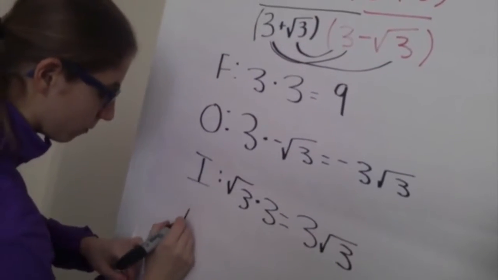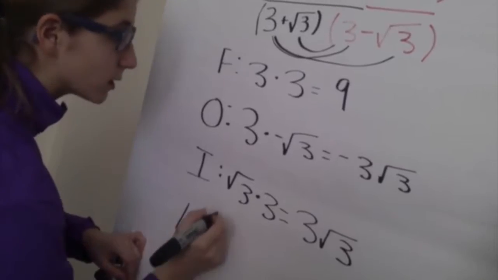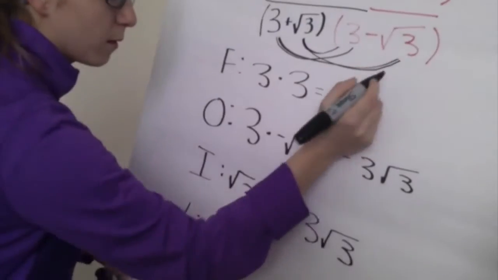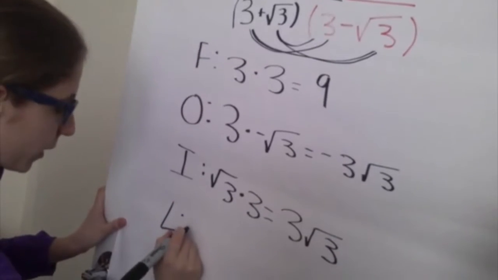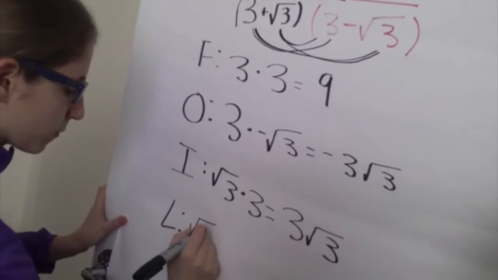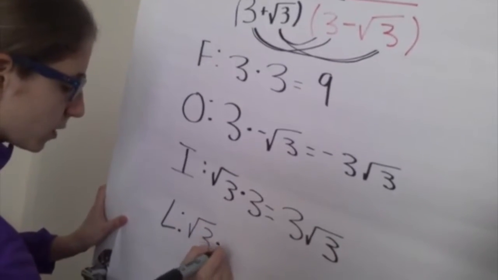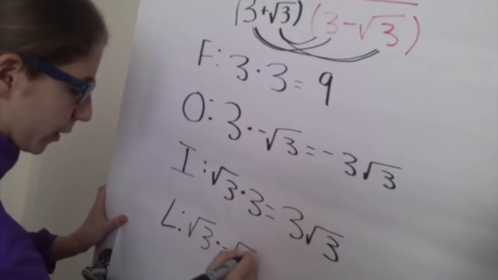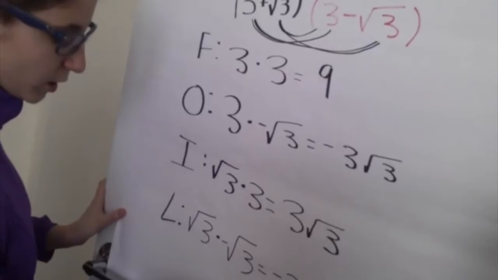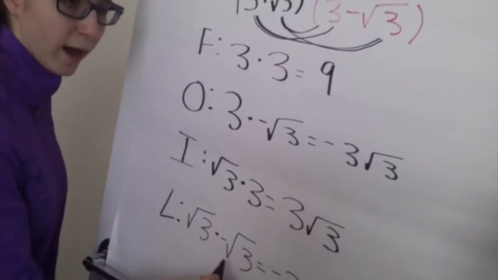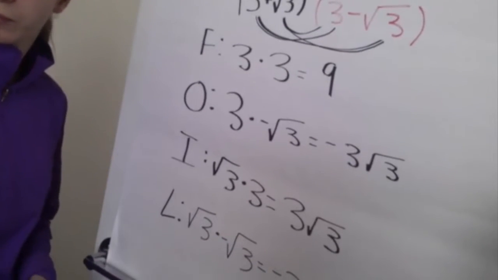Finally, for L, which stands for last, you get radical 3 times negative radical 3, which equals negative 3, because you're multiplying the same radicals against each other.